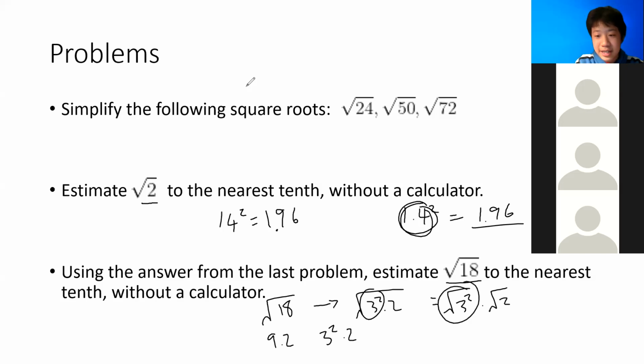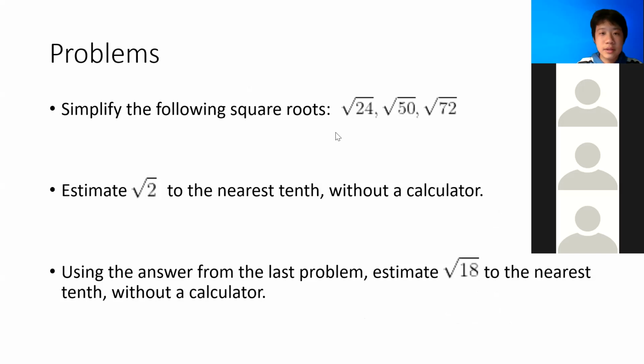What do we have here? This will cancel out, so it's a 3 times the square root of 2. From the last problem, the square root of 2 is about 1.4. So we can write 1.4 times 3, 4.2. Okay? So simplifying square roots can actually help us in problem solving. Does anyone have any questions?